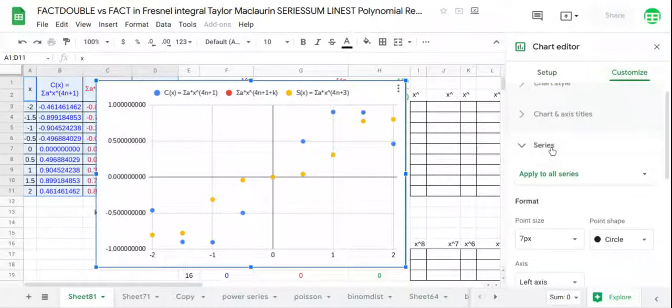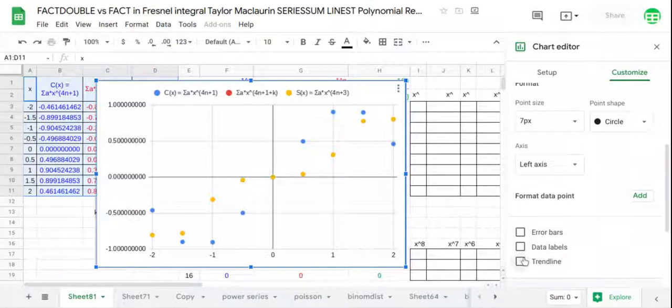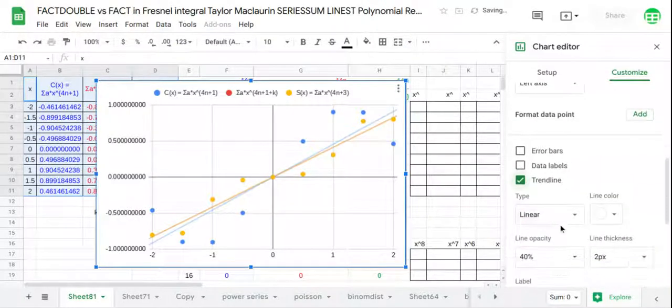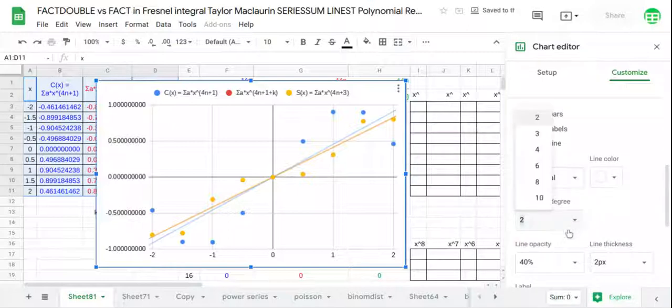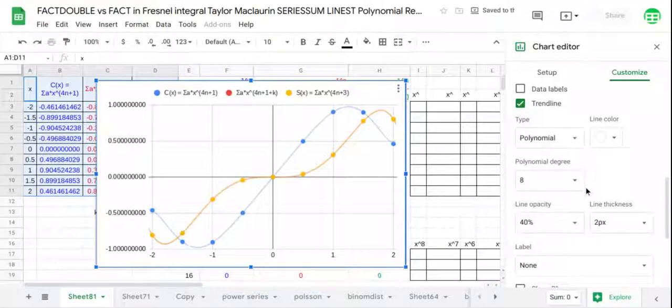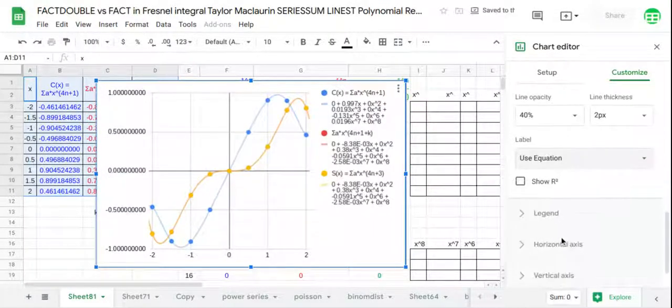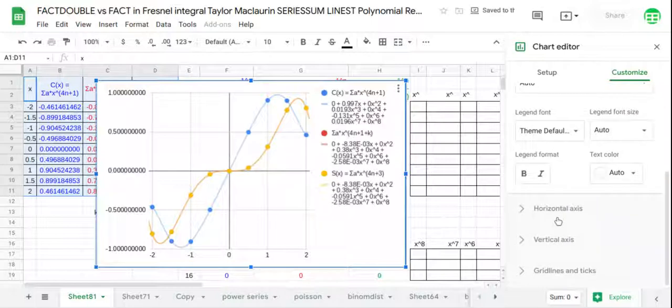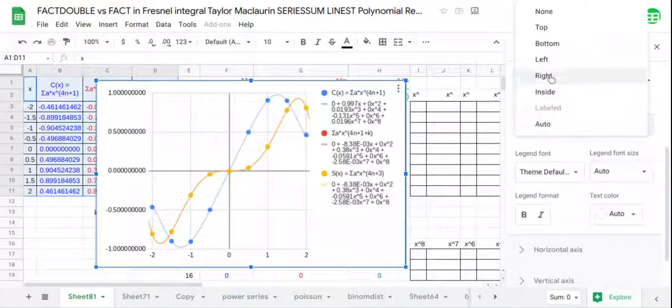Customize the series. Show the trend line, polynomial to the 8th degree. And for the label, use the equation. For the legend, position at the bottom.